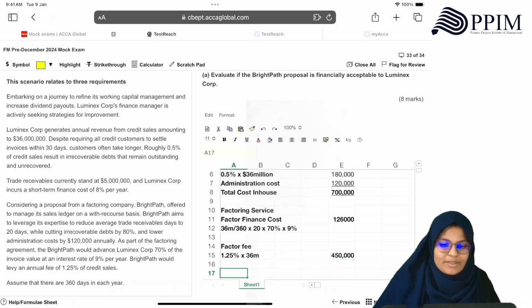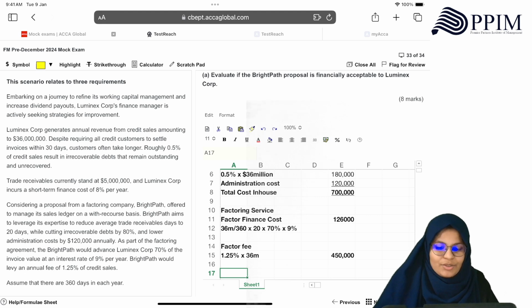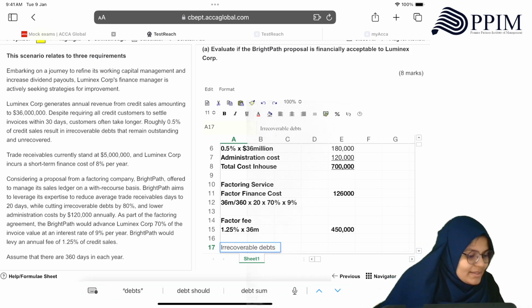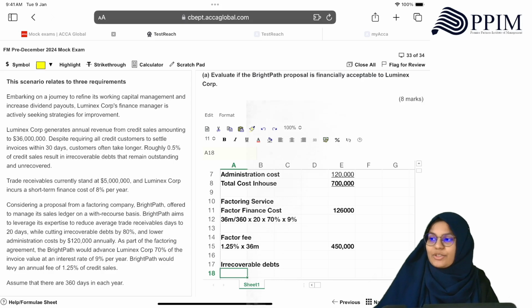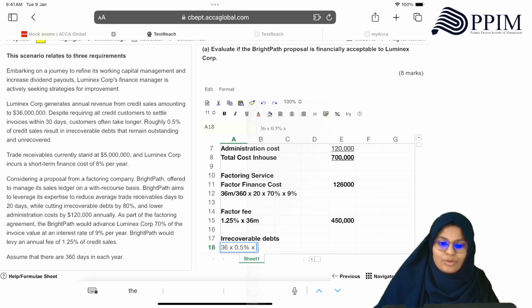What else do I have to consider? Right, let me check. Then they are saying irrecoverable debts, right? They are saying they will reduce it. So it was 36 into 0.5, but they will reduce it by 80%, means now it's going to be 36 into 0.5 into 20%, because they are reducing it by 80%, right?